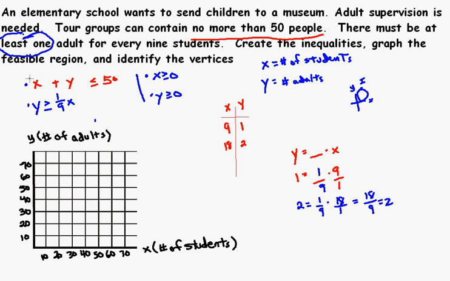If I were to ask you for 2 points to determine that line, if I let X be 0, what would Y have to be in order to make X plus Y equal 50? Well, if X is 0, Y is going to have to be 50. And if I let Y be 0, X is going to have to be 50. So I have 2 points here: 0, 50 is one point, and 50, 0 is another point.